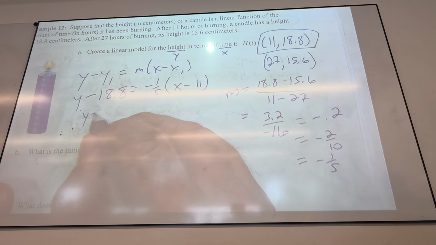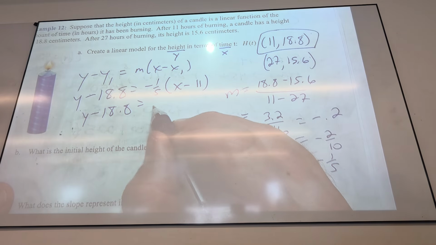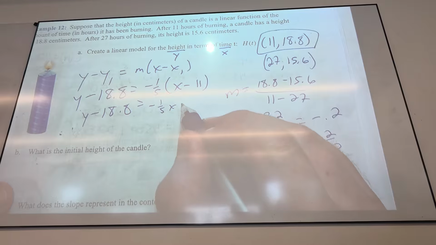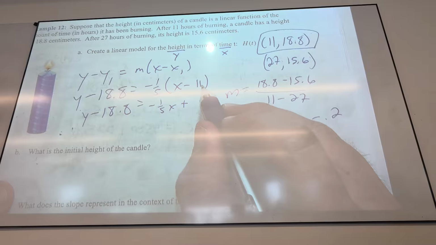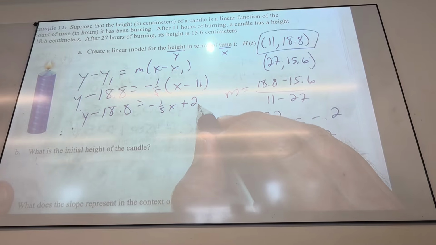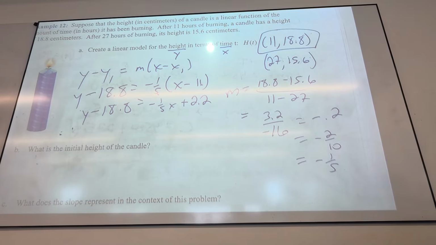So then we get that, and then if I distribute this through, I've got decimals and fractions mixed up, but that's okay. 11/5 is 22/10 is 2.2. So if you did 11 divided by 5 in your calculator, you would get 2.2. Just so I have decimals matching with decimals.